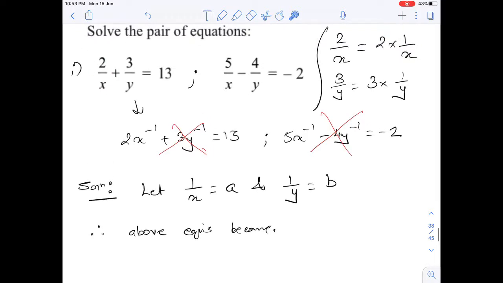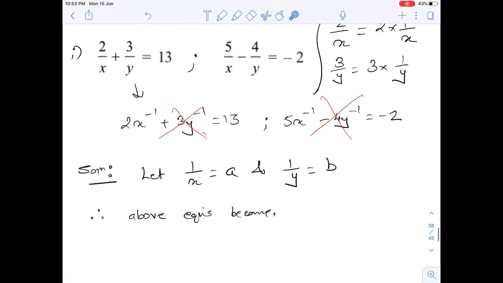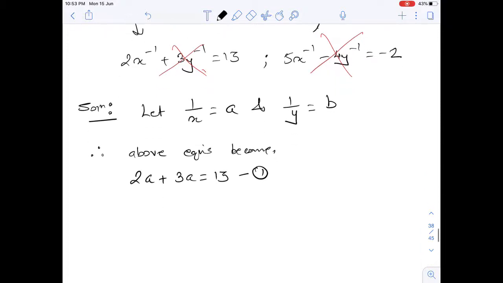We have learned that it can be written as 2 into 1 upon x. Now 1 upon x, if we consider it as a, this becomes 2a. So it can be written as 2a plus 3b equals 13. Now this is our equation number 1.